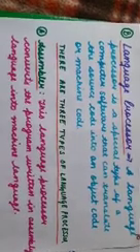Then let us discuss the language processor. A language processor is also known as system software. It is a special type of computer software that can translate the source code into object code or machine code.